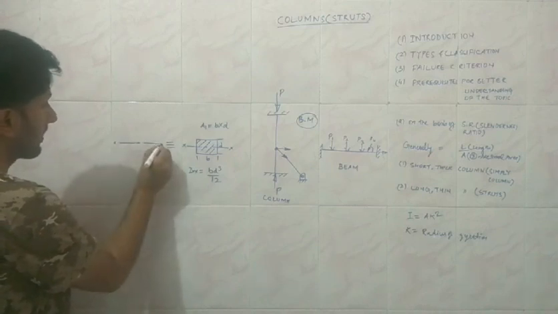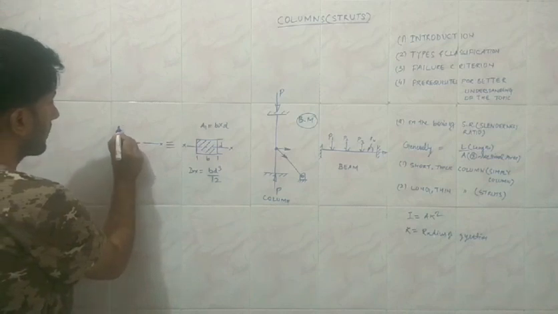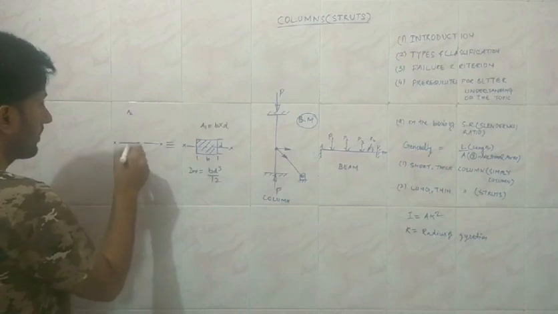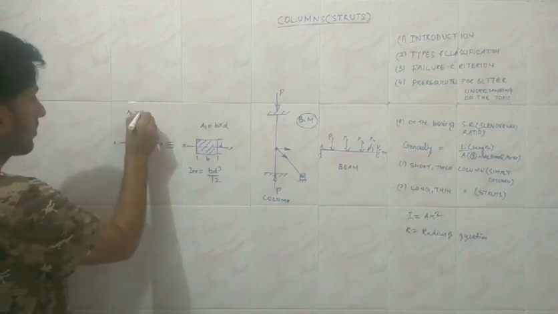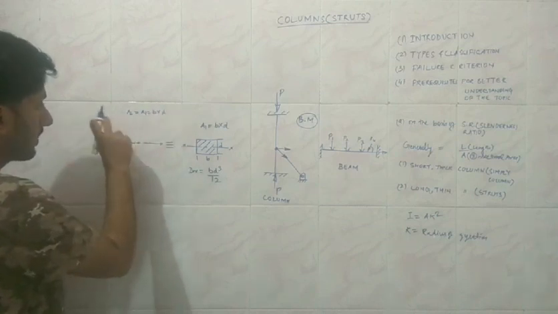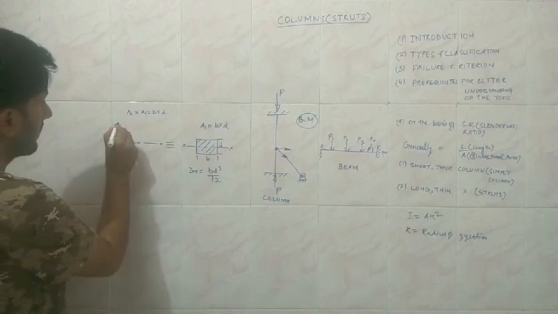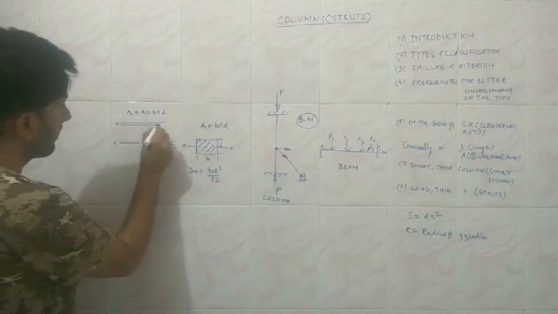Say the axis is the x-axis, and the area is going to be the same, that is A2 in this second system. The area A1 is equal to B into D. But the area is going to be taken in such a way that all the area is going to be concentrated at the same point.